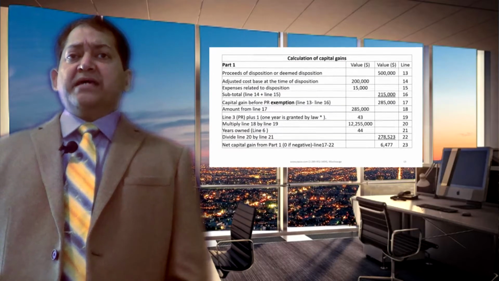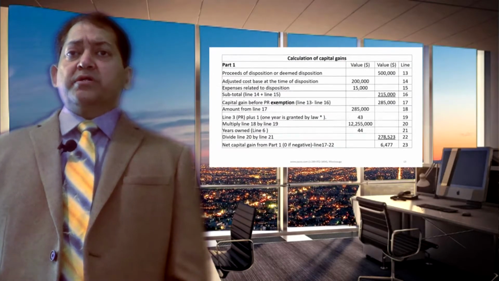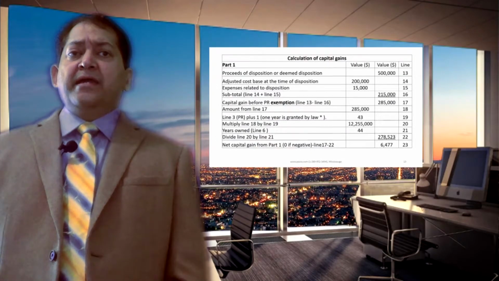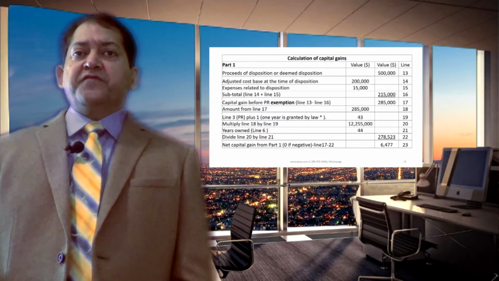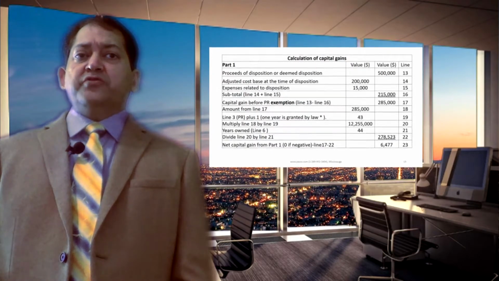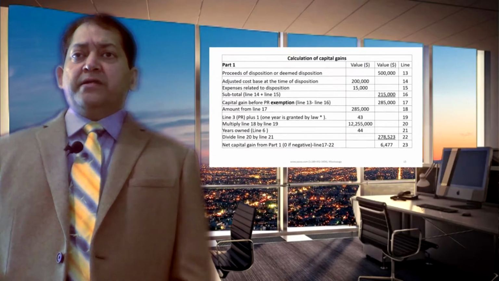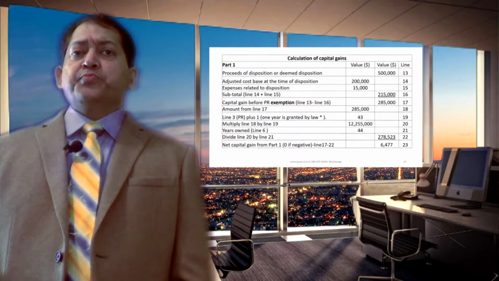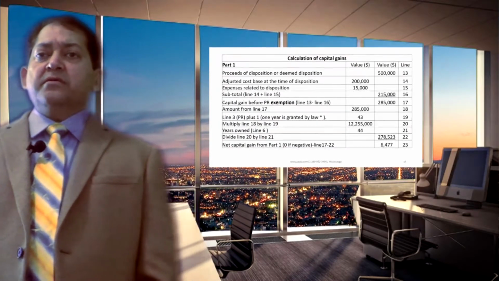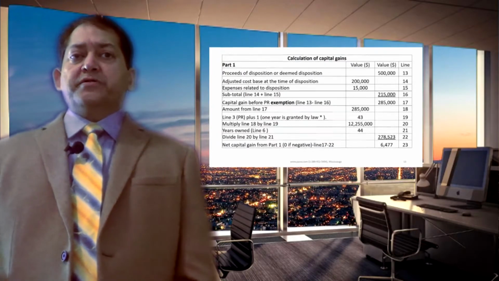Adjusted cost base at the time of disposition, that is 200,000, is mentioned on line 14, and expenses related to disposition is mentioned on line 15, that is 15,000. The sum total is mentioned on line 16, that is 215,000, and then you take the difference between line 13 and line 16, and it is the capital gain before principal residence exemption. It is mentioned on line 17, and the value is $285,000 in our case.